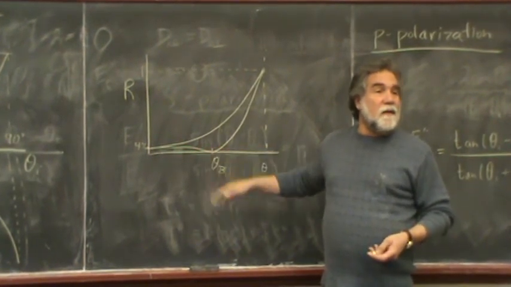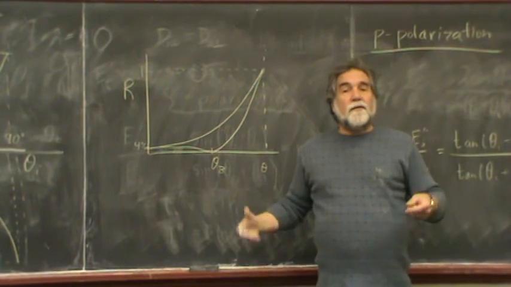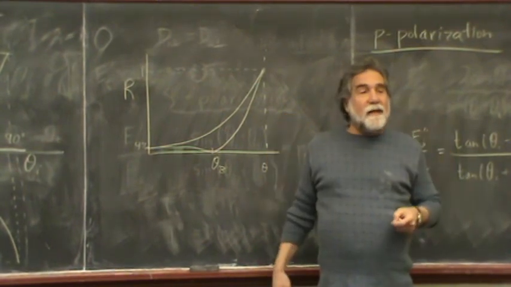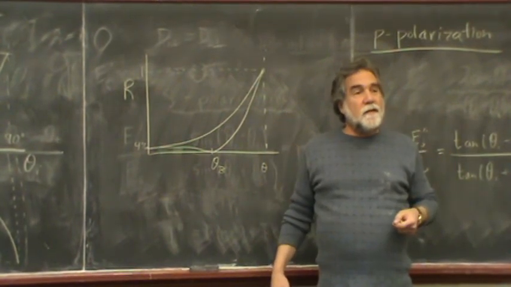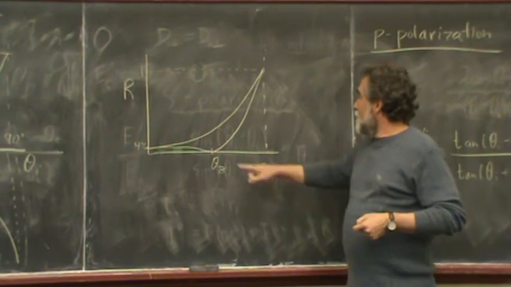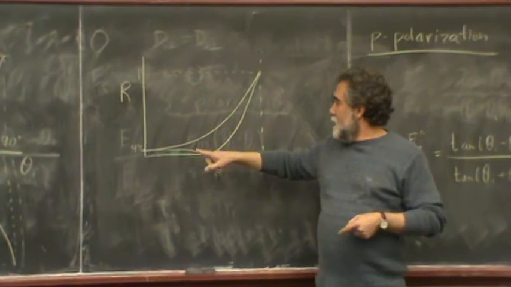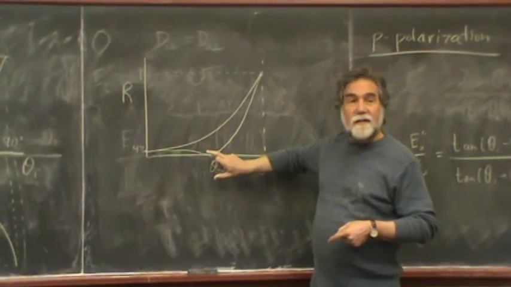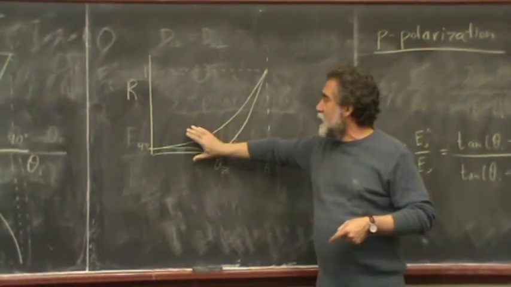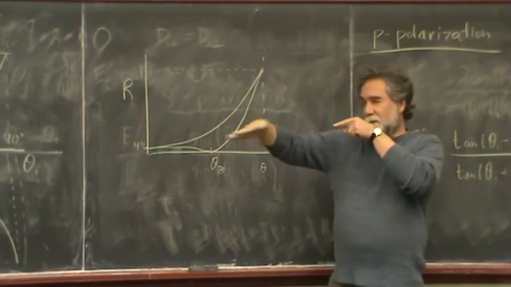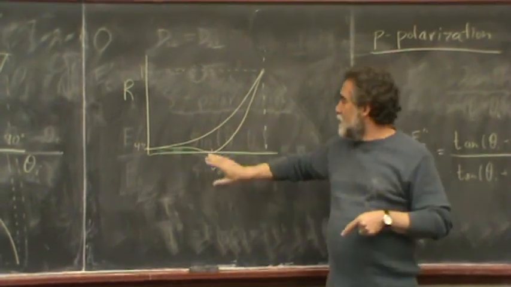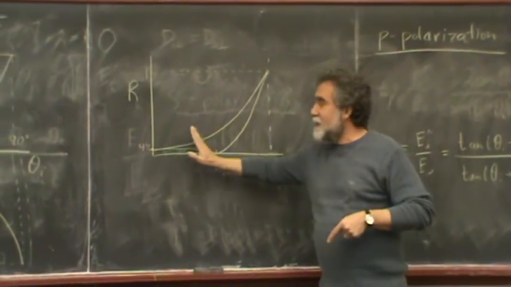This is the reason why when you're driving, you want to have polarized sunglasses, because if you're looking at the glare off the roadway ahead of you, then you're going to have reflection over this entire range. The typical range that you'd be looking at for reflection from the sunlight off the roadway would probably go from about here to here.